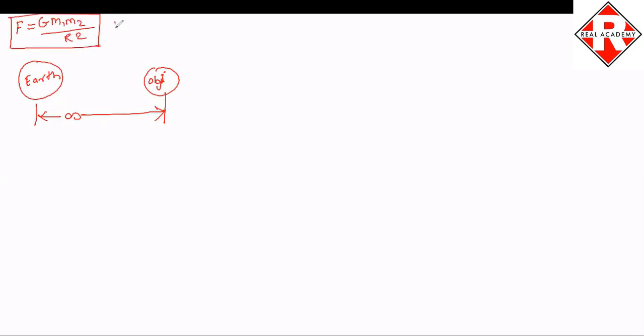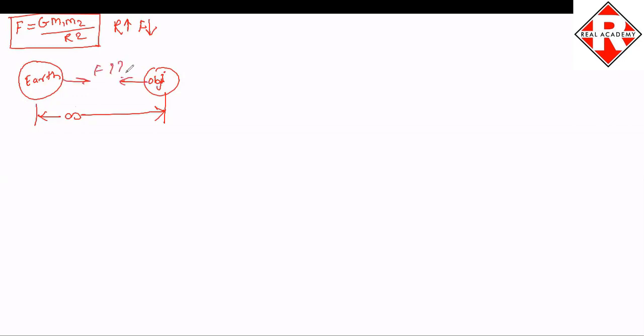It showed that the more you increase the R, the force of attraction between the objects will go on decreasing, correct? Now similarly, if I am considering an earth and an object, and if I say that there is a distance of infinity between them, then how much force will be acting between them?